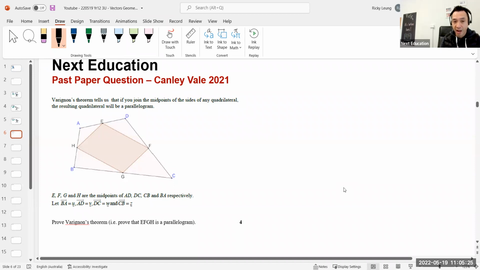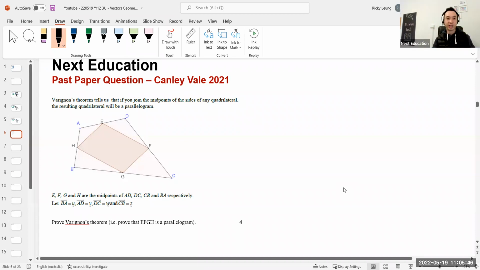In Canley-Val, they then went on to define some vectors and asked you to prove some stuff. I skipped that and basically said, can you please prove Varignon's theorem, so basically that EFGH, the pink, is a parallelogram.